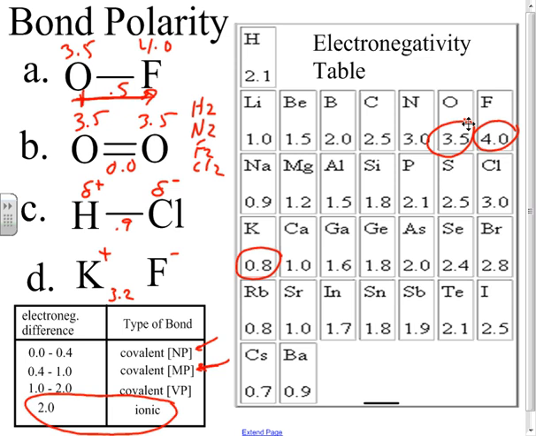Here the electronegativity is so different that there's actually a transfer of the electron from the potassium to the fluorine. So now we have a positive ion, negative ion, and the bond is formed by the electrostatic attraction of opposite charges. In other words, it is an ionic bond and not a covalent bond.